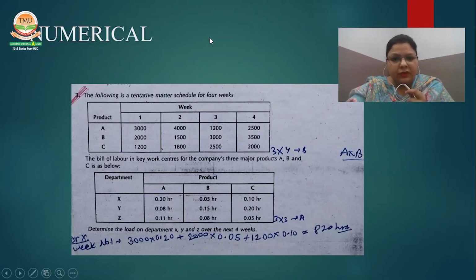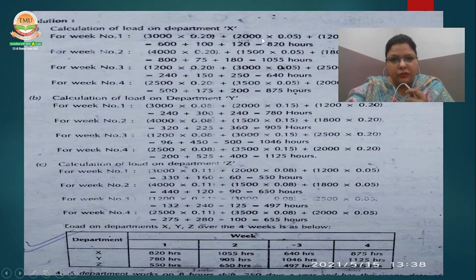Next, there is 2000 units, and it will multiply by 0.05. Next is 1200 units, and it will multiply with 0.10. Now we can go for the multiplication: 600 plus 100 plus 120 equals 820 hours. Overall we found that it is 820 hours.